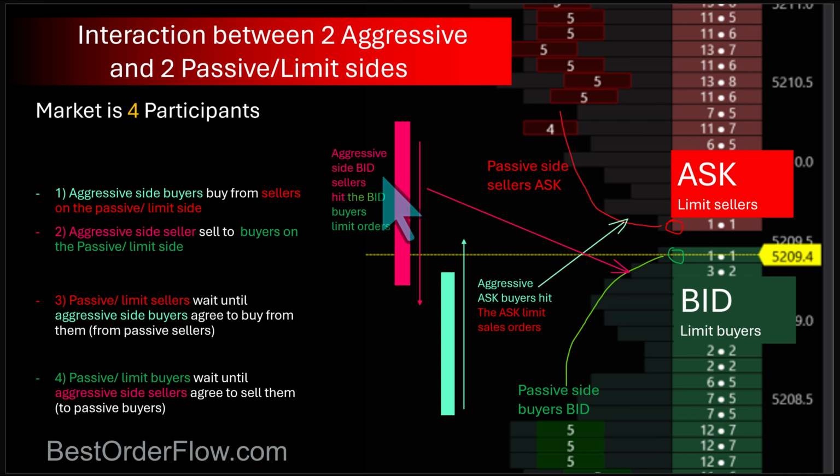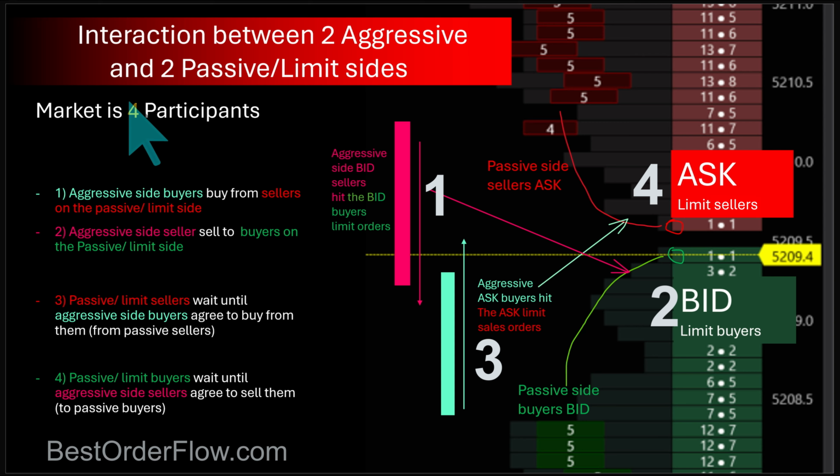This is the summary. Aggressive bid, hit the bid on the passive side. Aggressive ask, hit the ask on the passive side. And these are the 4 players. 1, 2, 3, 4. 1 and 3 never meet each other, but the people on a price action, that's all they know. The main point here is there are 4 participants, not 2.